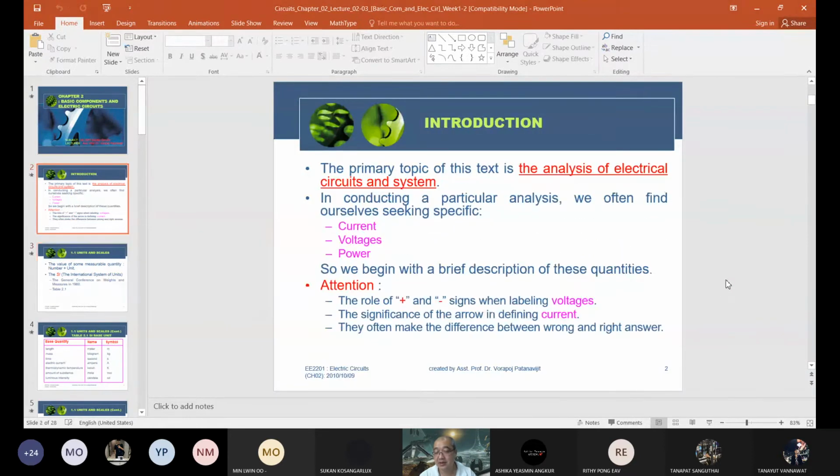The key for chapter 2: even though chapter 2 is very basic, it is very important in the units and the definitions of the important quantities that we physically compute. In fact, we have about 4 or 5 quantities. The charge, if the charge is moving, gives you the current.